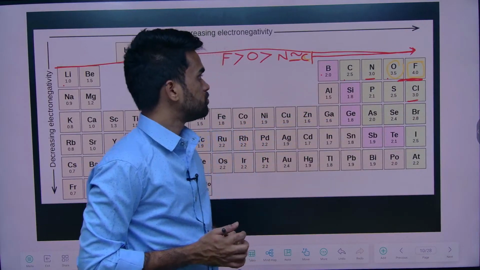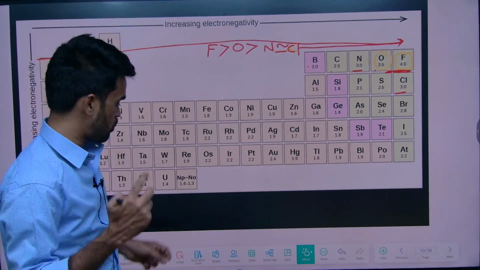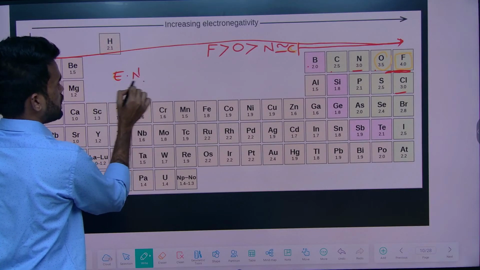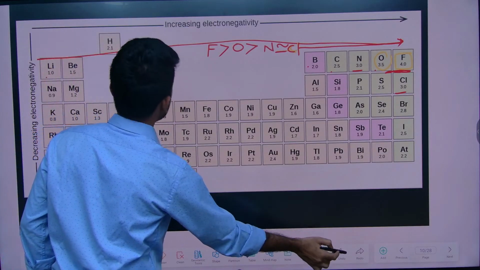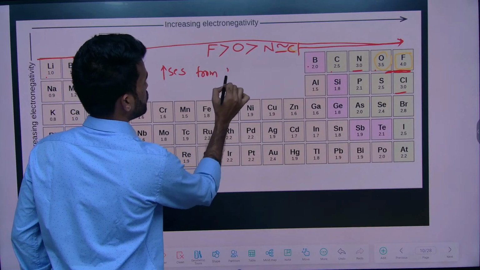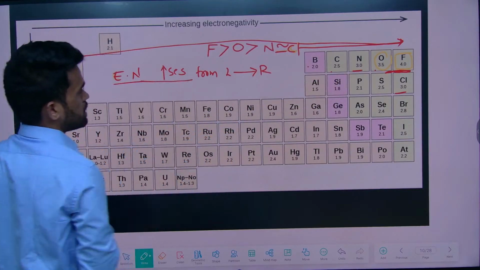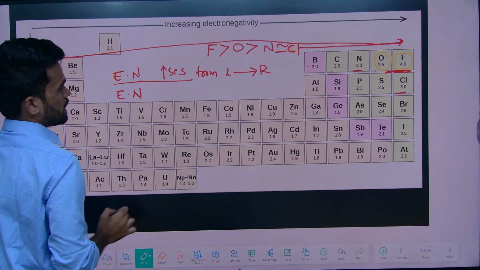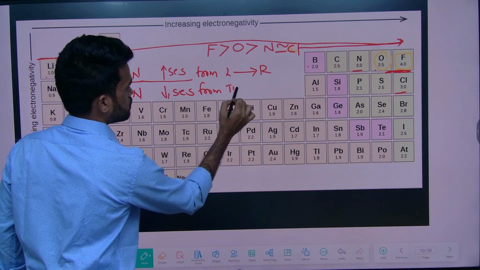Okay, so now if you clearly observe, you can conclude two important points. Electronegativity increases from left to right, from here to here. What is happening? Electronegativity is increasing. Now one more statement, electronegativity decreases from top to bottom.